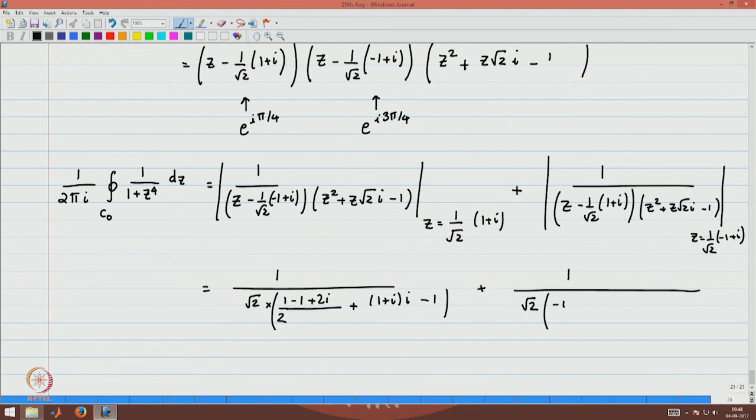Then z root 2 will give me plus i minus 1. So, if I have 1 by root 2, I have i plus i, that is 2i, and 2i minus 2.